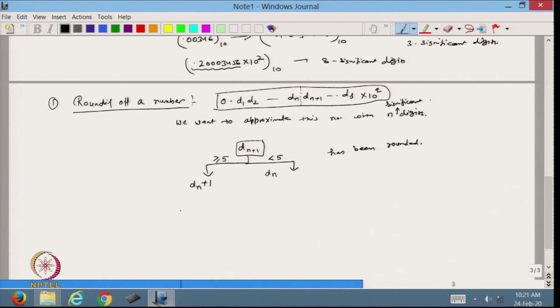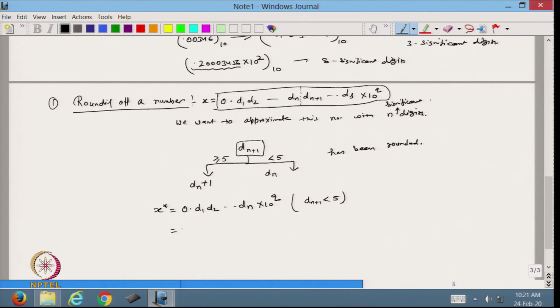So, suppose this is my x, the exact number. I can say that x star is my new number, written as 0.d1 d2 ... dn into 10 raised to power q when dn+1 is less than 5.